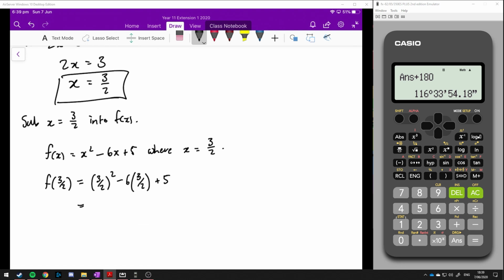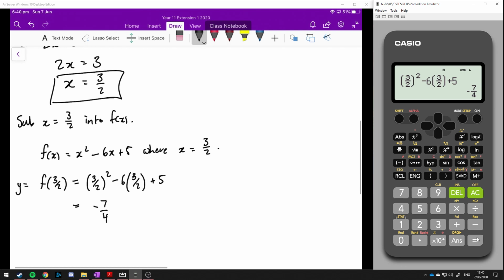Now I could do it the long way, or I could just put it into a calculator, which I think is much easier. So we make sure we put brackets: 3 on 2 all squared, that is our x squared, minus 6 lots of 3 on 2, which is our 6x term, and then we add 5, and it gives us -7 on 4.